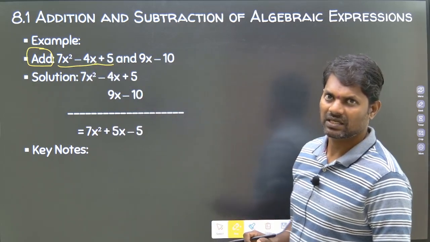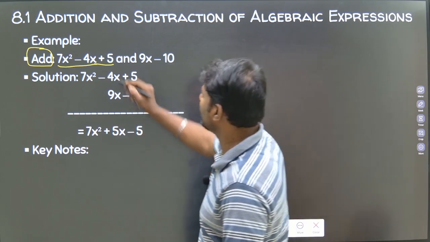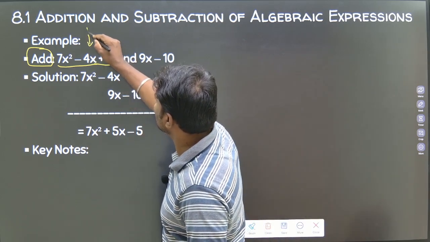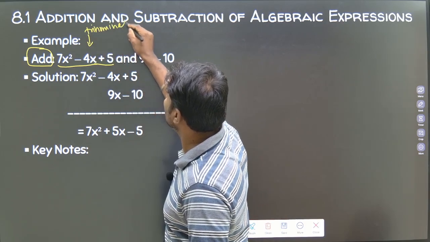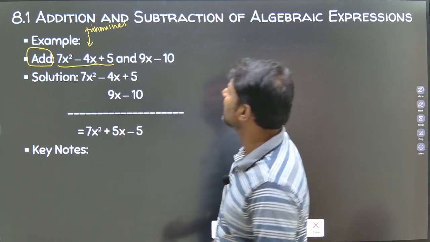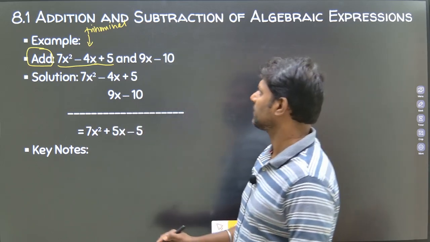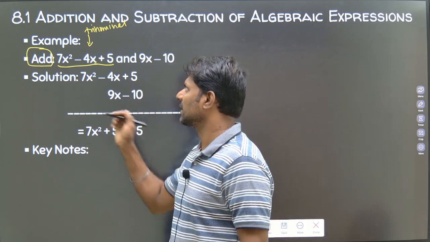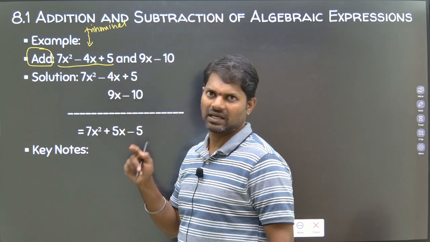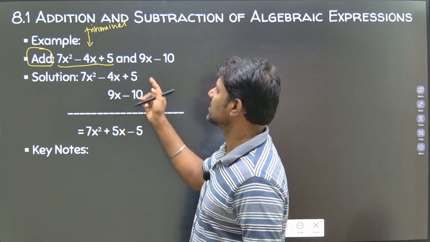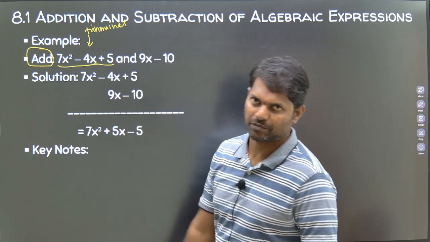So this is a trinomial type of expression. 3 terms are there. 7x square is one term, 4x is another term, and 5 is another term. Okay. So 3 terms, trinomial type of expression.